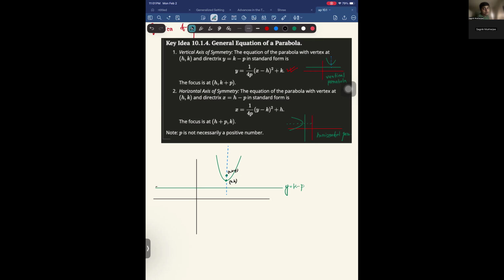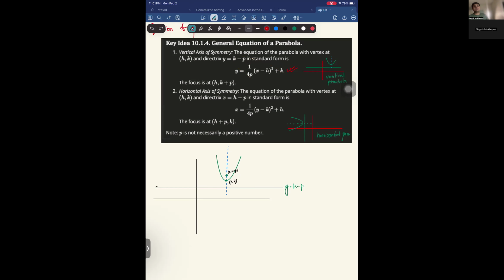The vertex has coordinate h comma k, and the directrix is y equals to k minus p. So in that case, the equation would be this. Make sense?